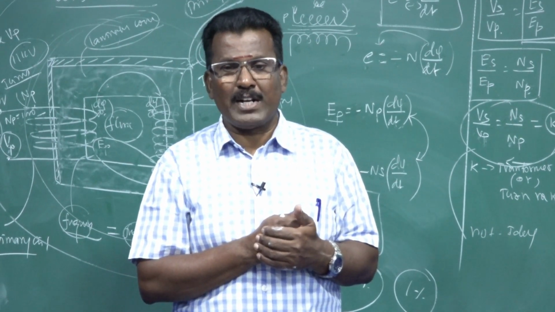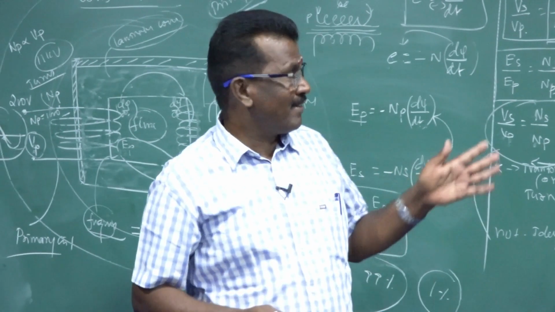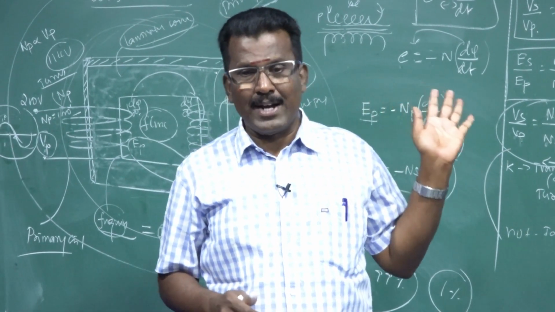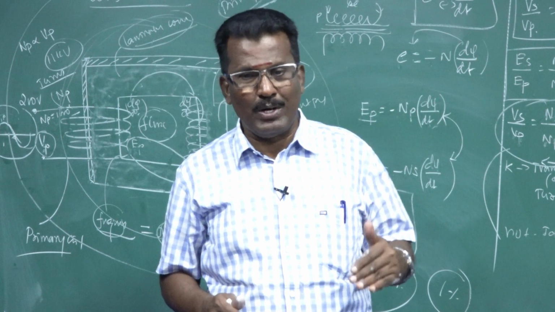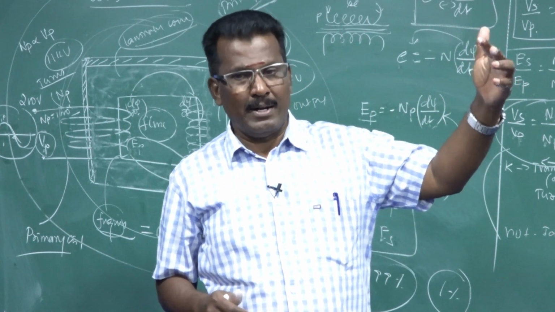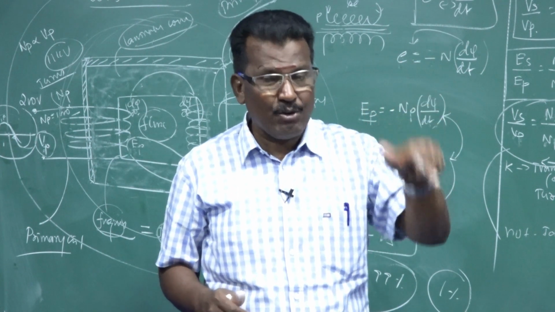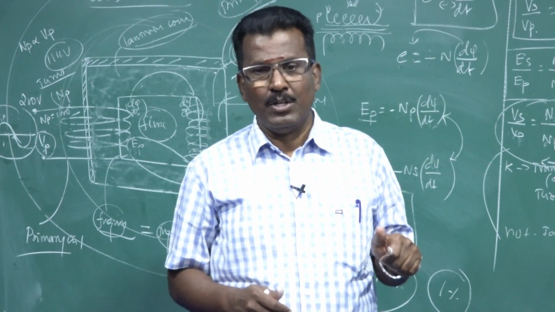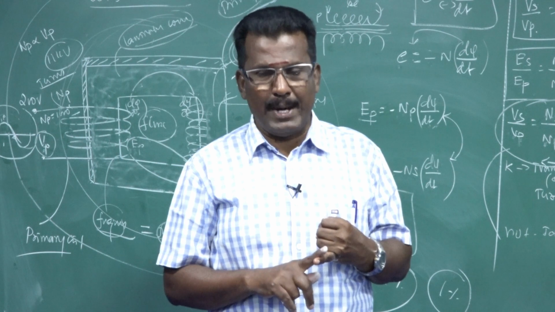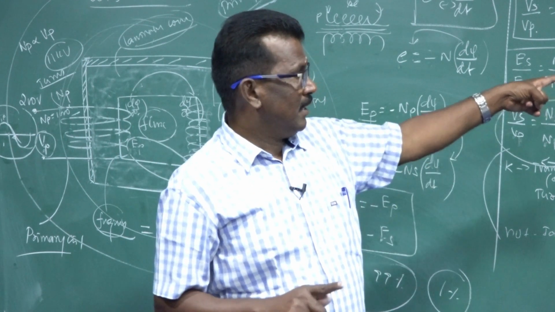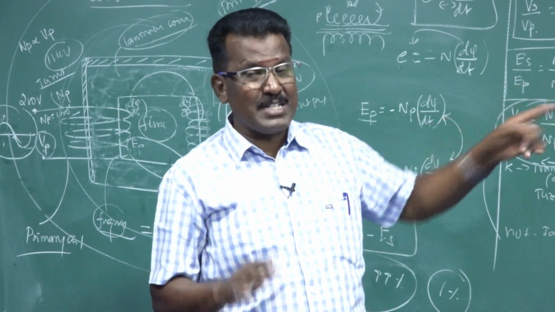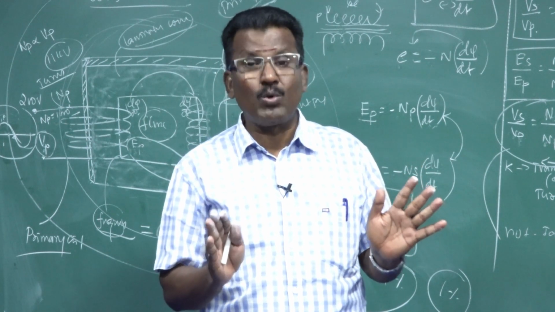So we have seen the two types of transformer, and also the turn ratio: output voltage to input voltage, or turns in secondary to turns in primary, current in primary to current in secondary, the K value. By using the K value we can determine whether the given transformer is of good quality or not.